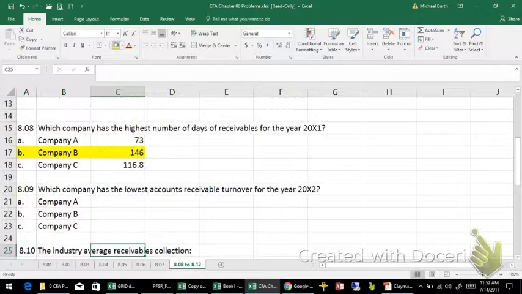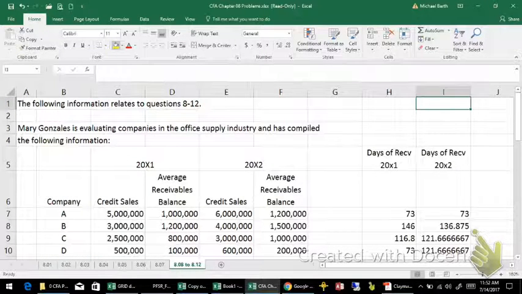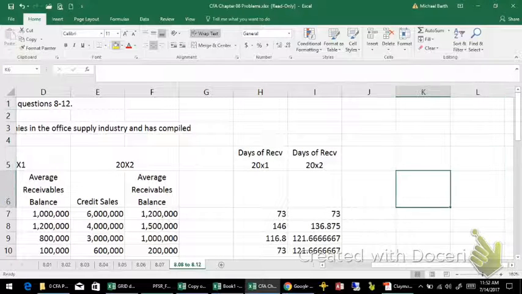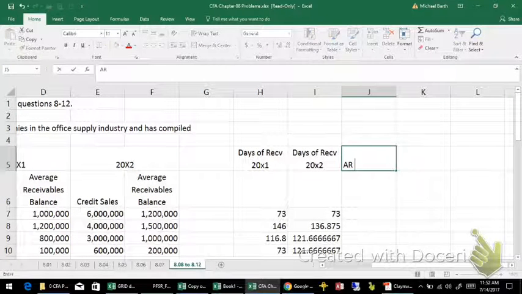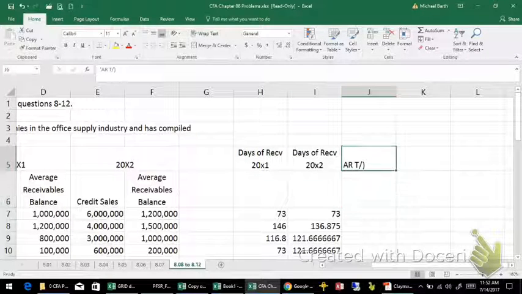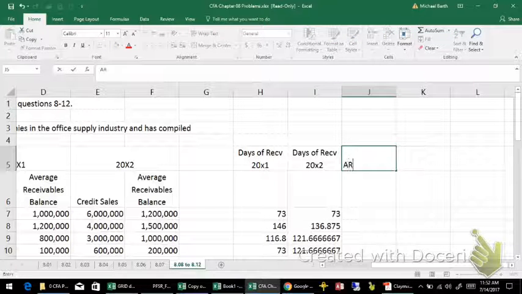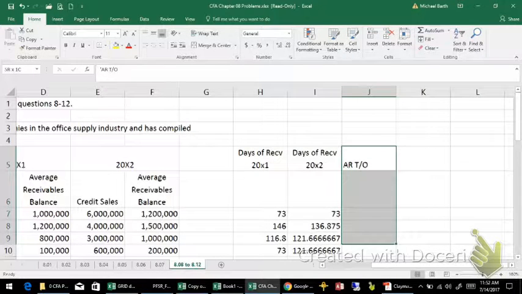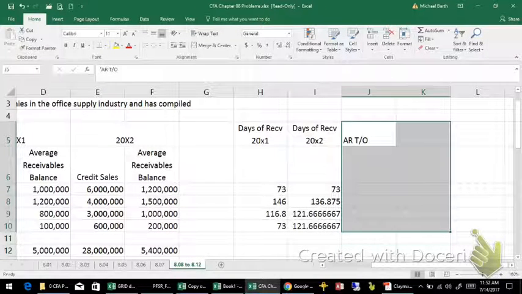Which company has the lowest accounts receivable turnover for 2000x2? Alright, the accounts receivable turnover is essentially sales divided by accounts receivable.